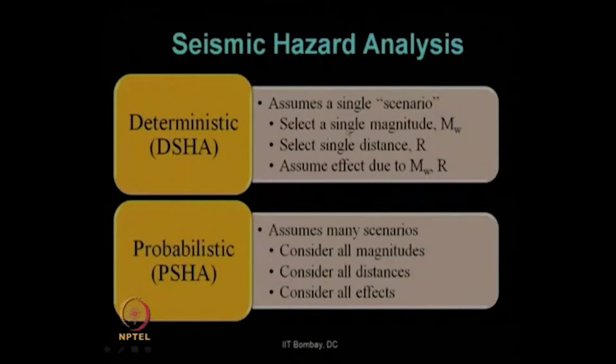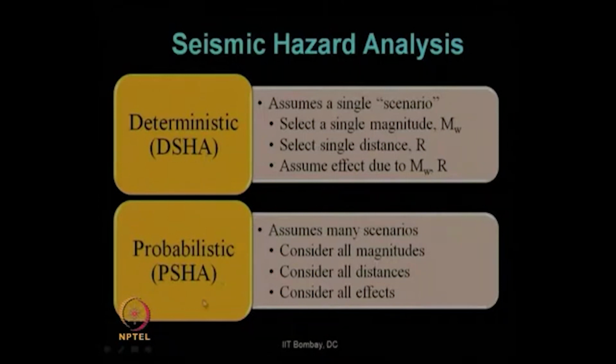In deterministic seismic hazard analysis, only a single magnitude, M max, and a single distance, R min, are considered, and we assume the effect of this M max and R min to estimate the DSHA.